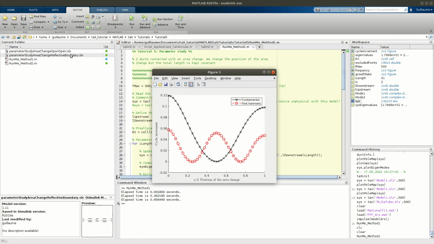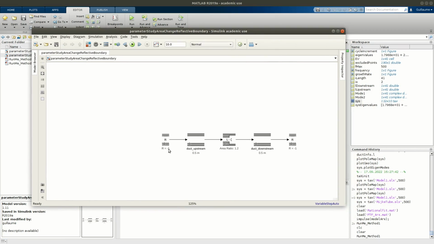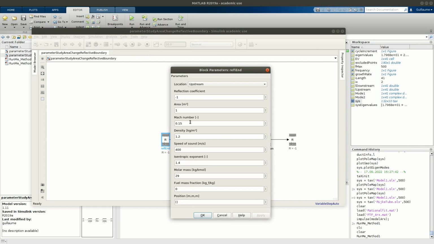Here we used a reflective boundary of -1, which is equivalent to an open end, but that's only valid for a 0 Mach number. Here we have some mean flow. The Mach number is 0.15.